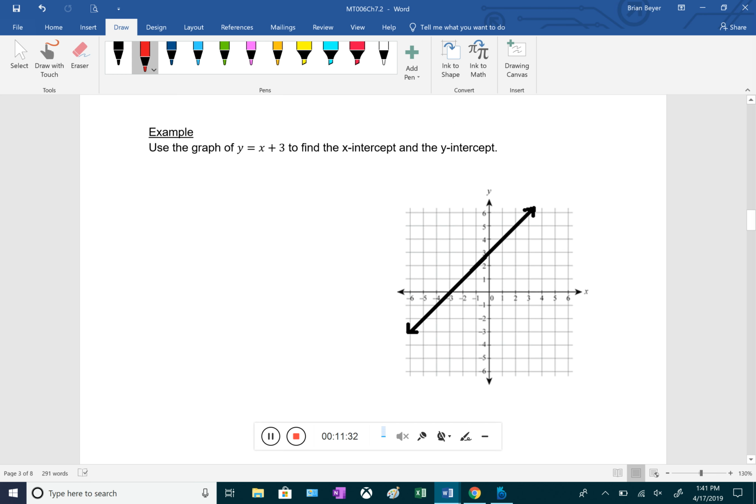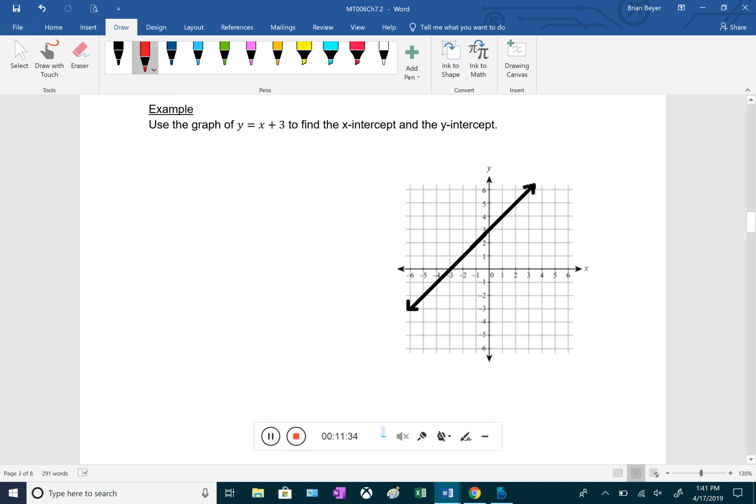So let's use this graph of y equals x plus 3 to find the x-intercept and the y-intercept. The y-axis is the vertical axis, so we want to see where it crosses. The y-intercept is right here at y equals 3.